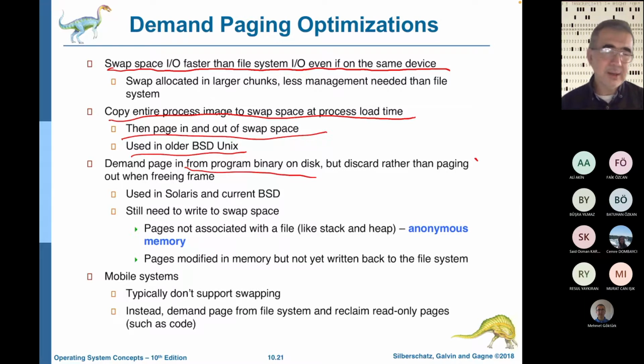So they discard it when somebody else is requiring it. Otherwise, they stay. So they don't allocate swap space usually.